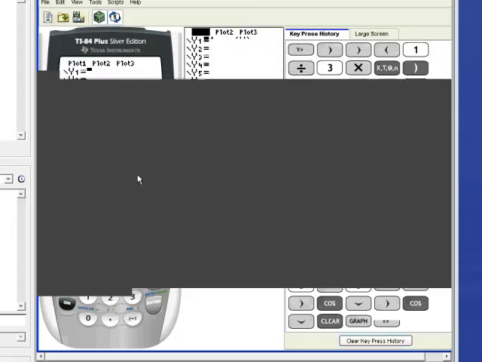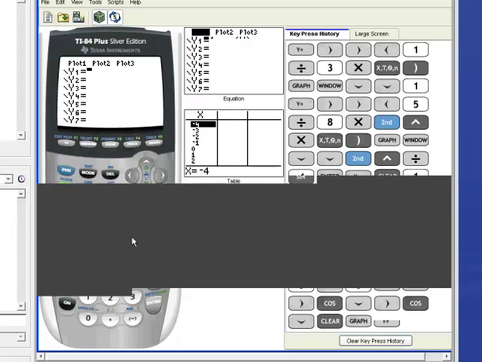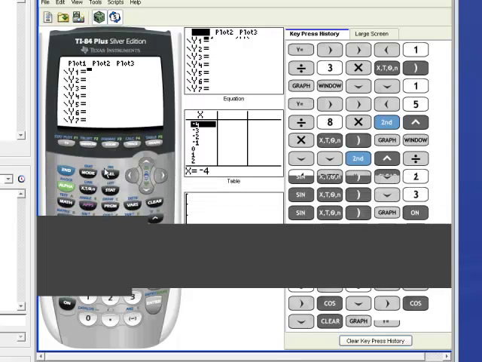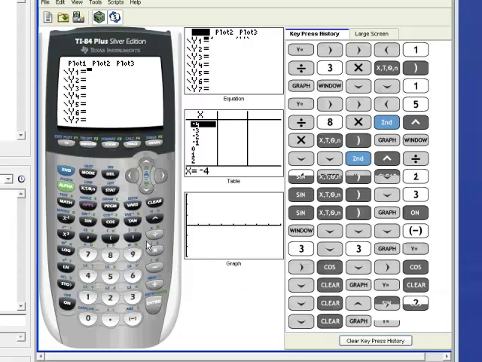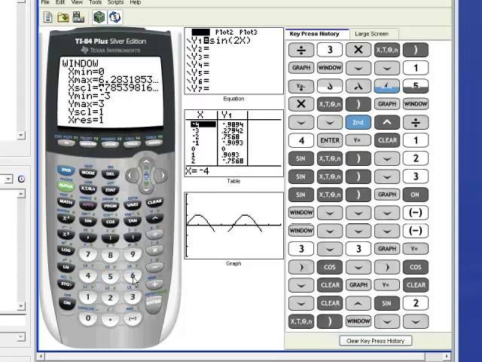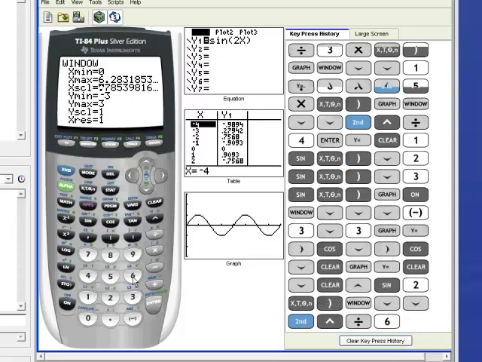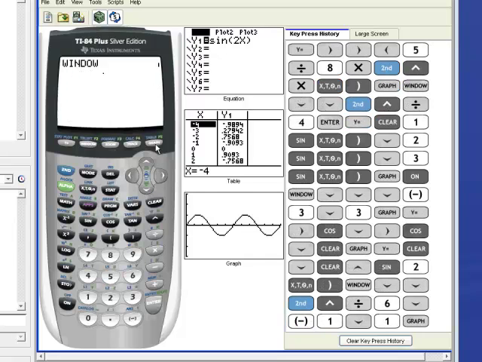So the first one is sine 2x. Now I'm going to change the window settings. I'll make a scale of pi over 6. For all these problems, it looks like I have an amplitude of 1, so I might as well change the y min, y max to -1 to 1, and then I graph, and there is the sine 2x.